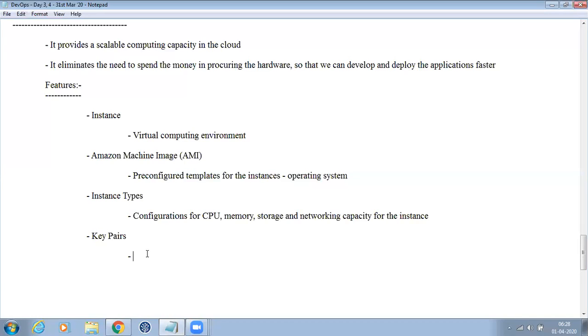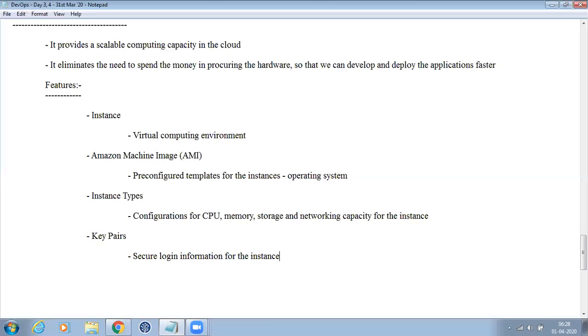Okay, so I can say it is secure login information for the instance.